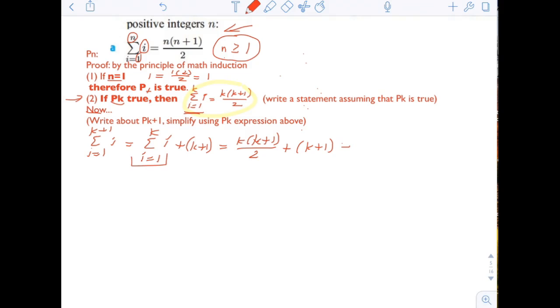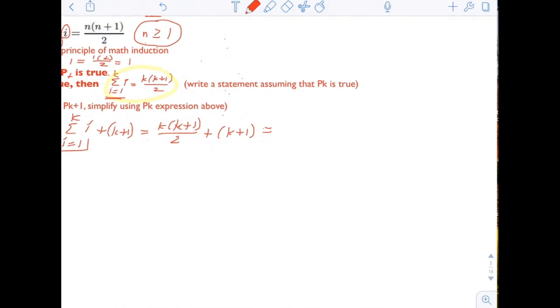Now I know, I can combine these two terms into one expression by putting a common denominator on it. So that would be 2 plus k times k plus 1 divided by, do you see what I did? I factored out the k plus 1 from each of these.